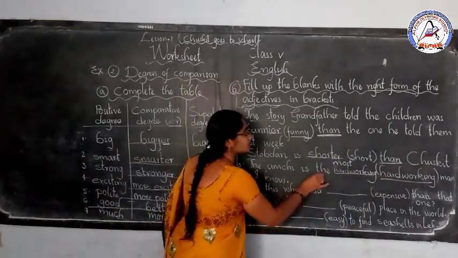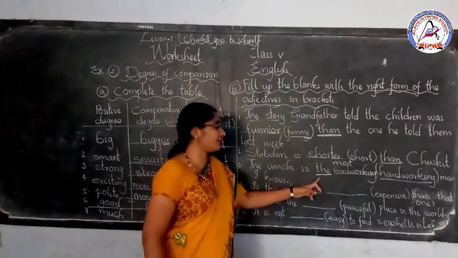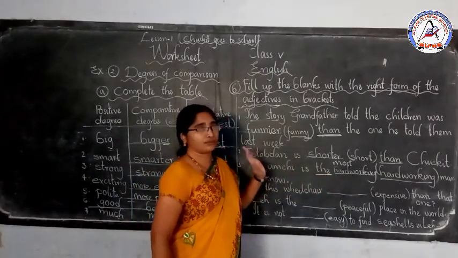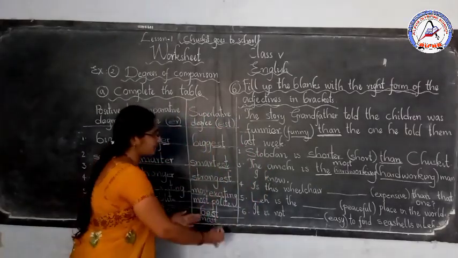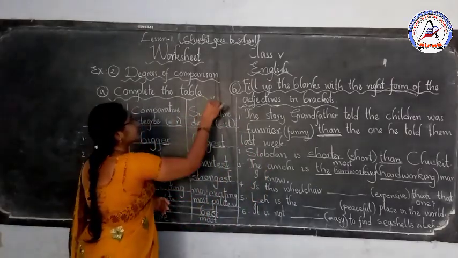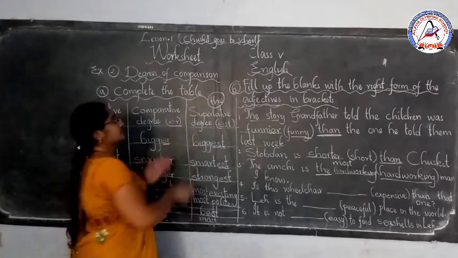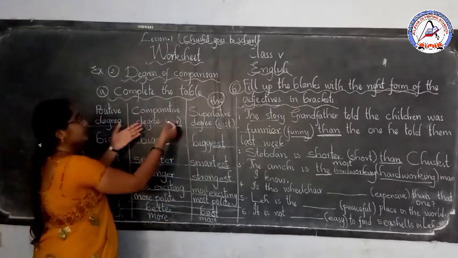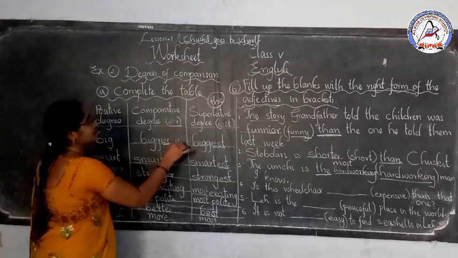Here one more clue you can find. See here, before superlative form, definitely you will find the. The is used before superlative form. Whenever you use this superlative form, you have to definitely write the. Okay, this is the clue. And whenever comparative form is written, after comparative form, you will write than.